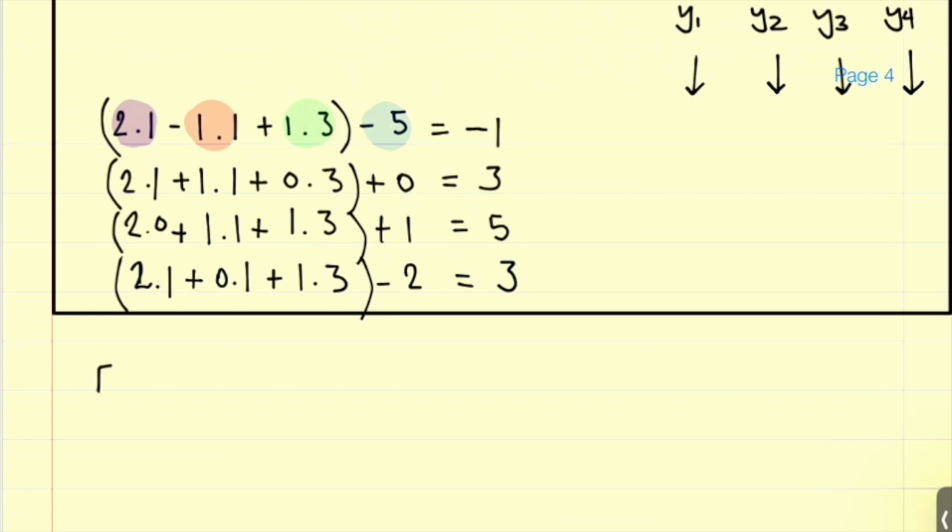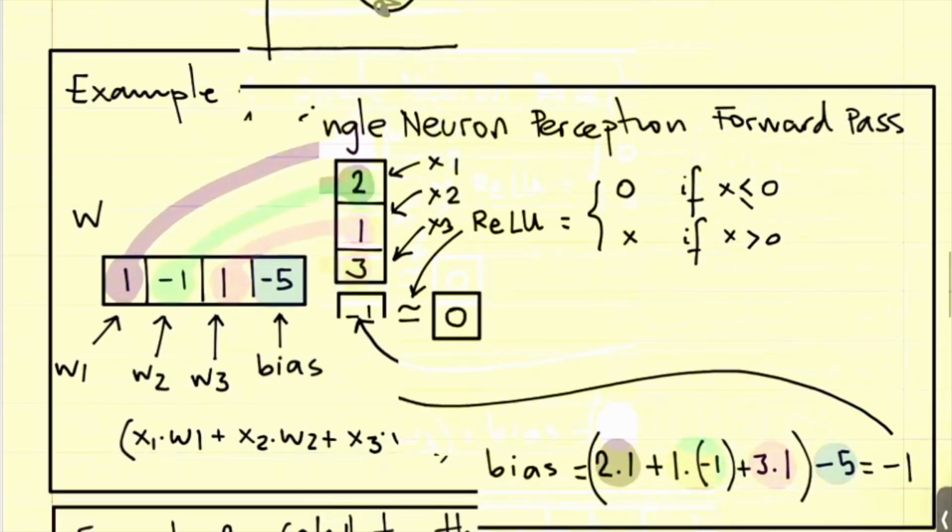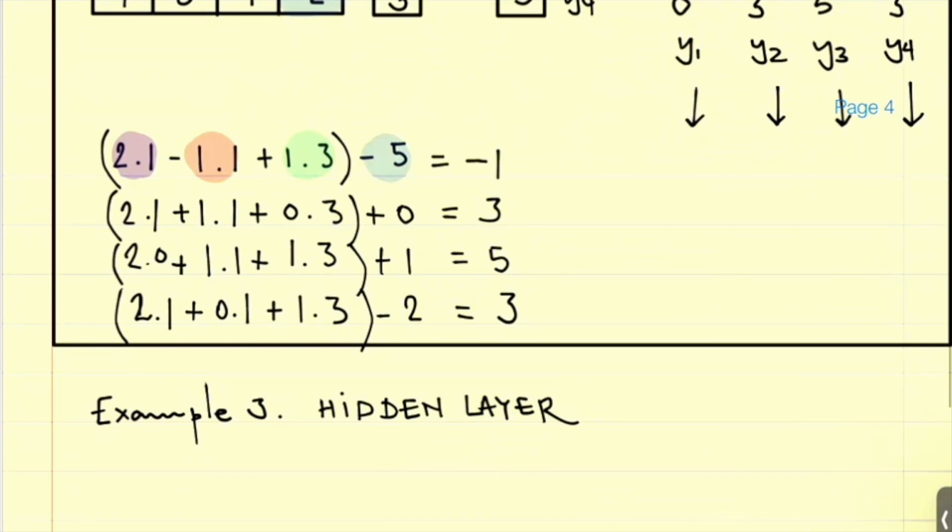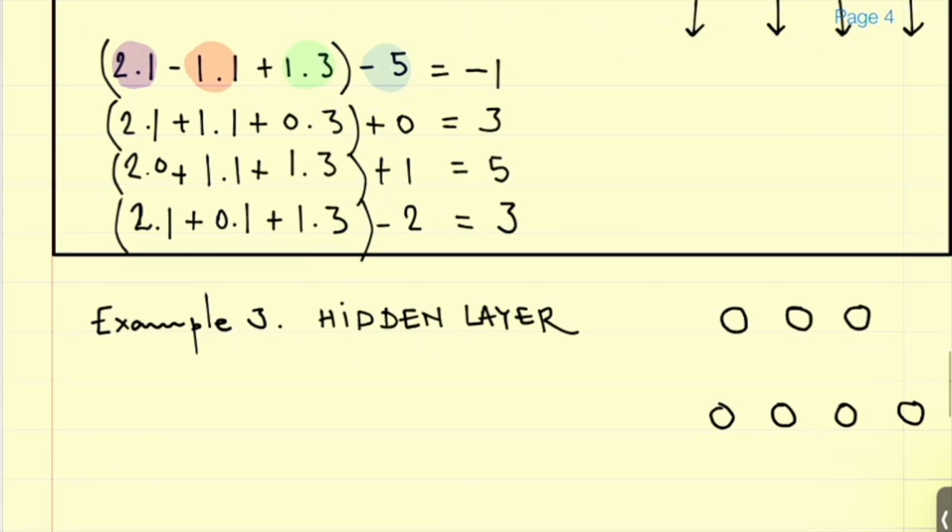So example number 3. How do we work with a so-called hidden layer? Example number 2, example number 3. How is the hidden layer going to behave? Now imagine we have this configuration. We have 3 neurons here. We have our 4-neuron perceptron layer, which is in the middle. And then we have an output of 2 neurons.